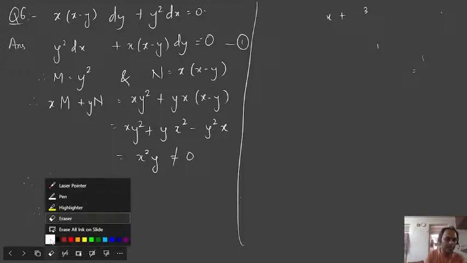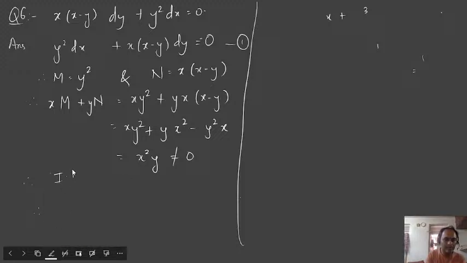So your integrating factor is 1 over x square y.